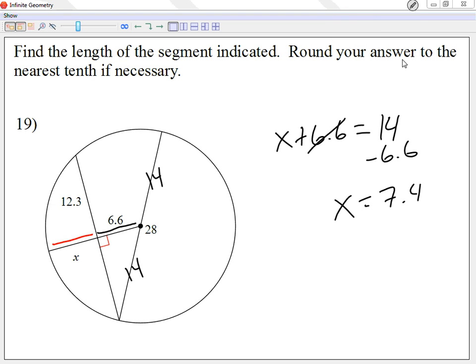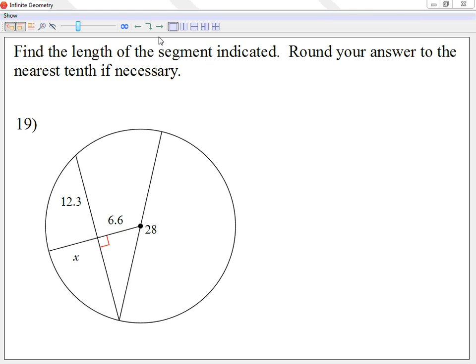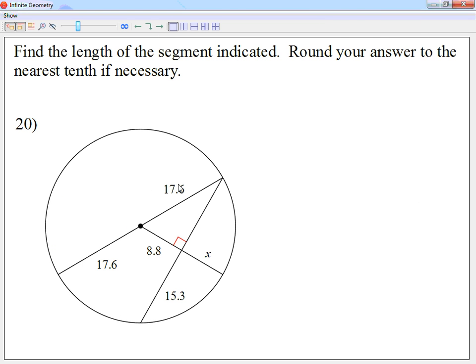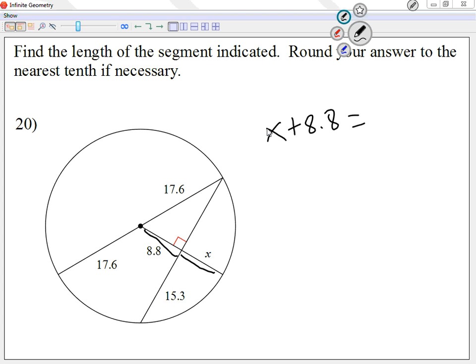So look, if your x is part of a radius. Looking at number 20, this is x with 8.8 is a radius. Together they're a radius. So I'm just going to say x plus 8.8, that's a radius. How big is the radius? 17.6.